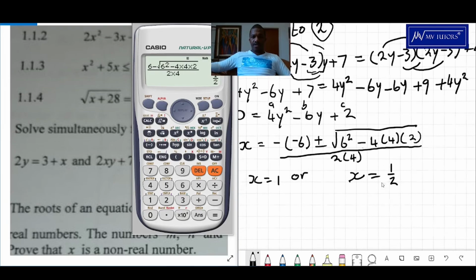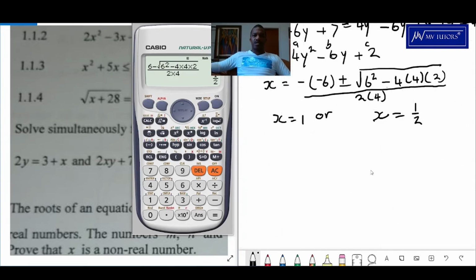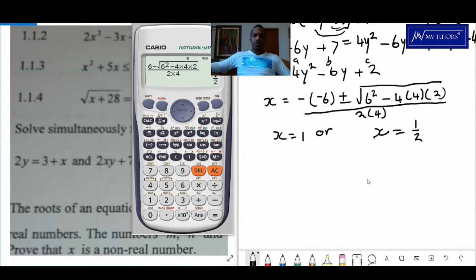Okay, so remember this is a simultaneous equation, so we are not done. We still have to put it in the original. We still have to solve for y. Okay, so you know, we made another mistake. We were actually solving for x here, not y.